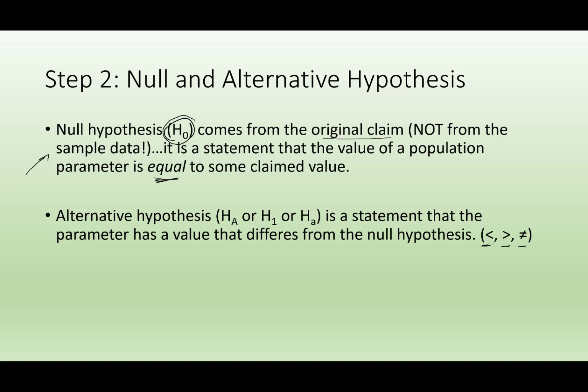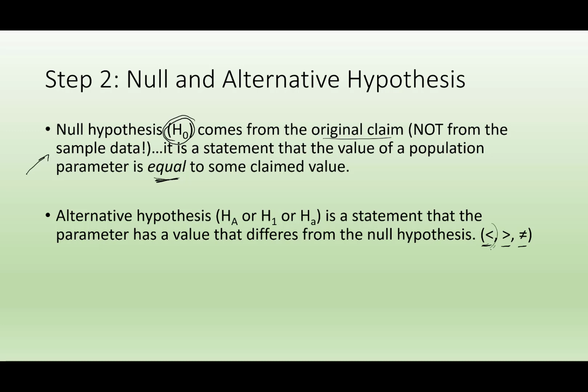Now, to decide which of these symbols you would use, you would have to understand what is the goal of the study. So if we look at the mean wait time at a doctor's office, maybe we're interested in finding, is the mean wait time lower than what was claimed?